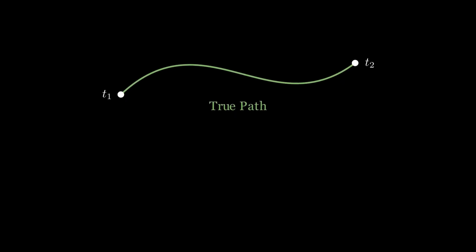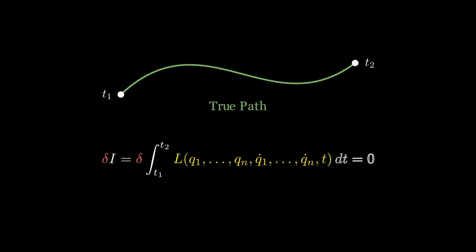These neighboring paths differ from the true path only by infinitesimal virtual displacements, but importantly, they must all start and end at the same fixed configuration at t1 and t2. The variation at the endpoints is strictly zero. We can summarize Hamilton's principle mathematically with a single incredibly compact equation.